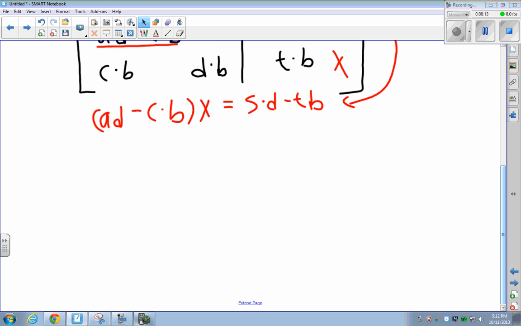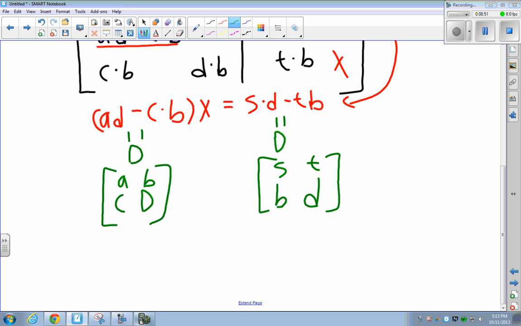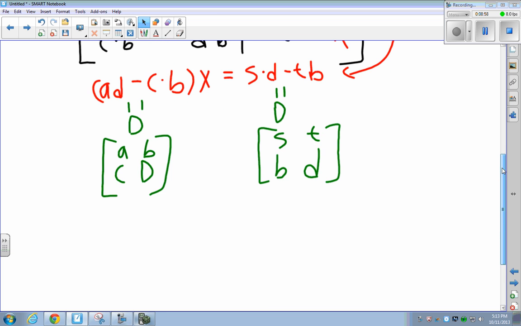Okay. Now remember that a times d minus c times b is equal to our determinant of the matrix A, B, C, D. And this guy over here is the determinant of the matrix S, T, B, D. Okay, so now we can rewrite the system of equations.